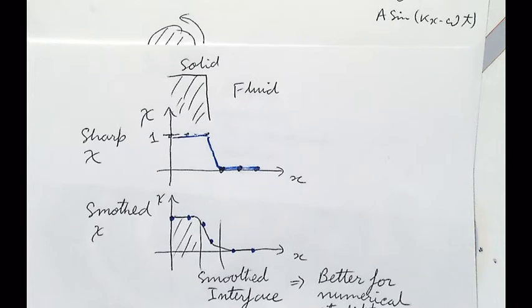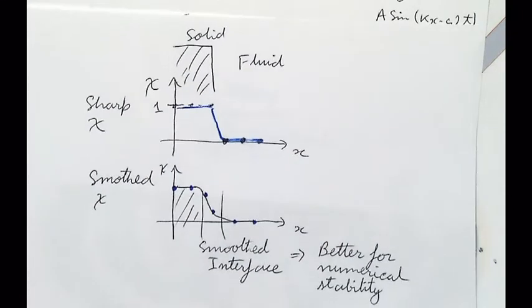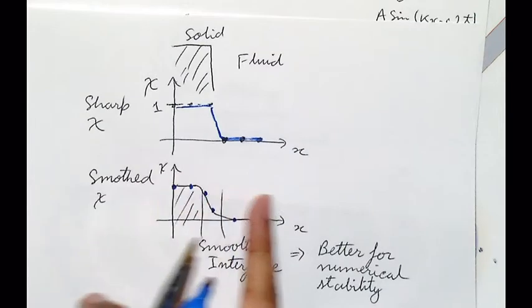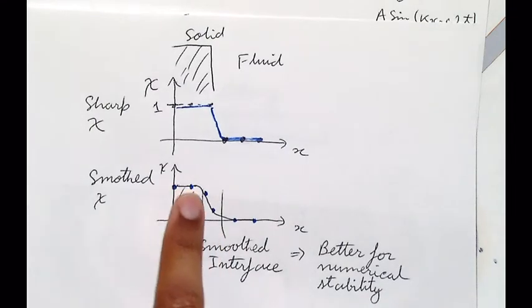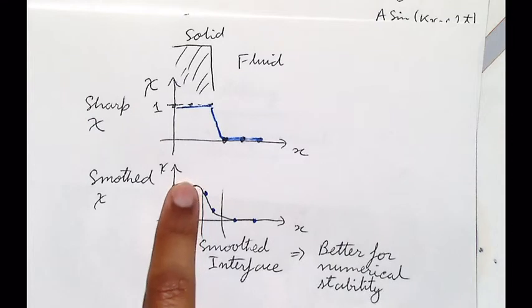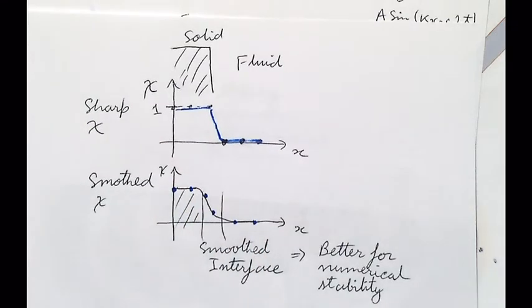If you jump immediately from 1 to 0, the derivative here tends to be very large. So it's nicer to go with a smooth transition. And there are very simple approaches to implement this. For instance, you can say there's a cosine function that decides my transition from 1 to 0. So it will be a smooth curve that's infinitely differentiable.